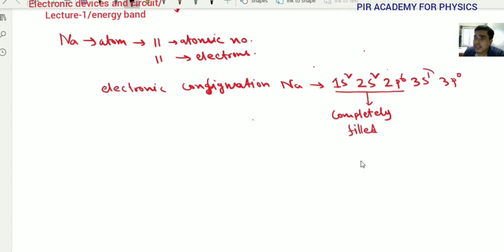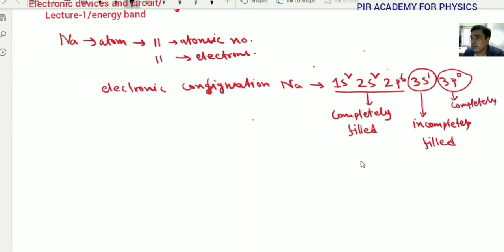But this 3s1, this 3s energy level, is incompletely filled. And the higher energy levels, greater than 3s, are completely vacant.